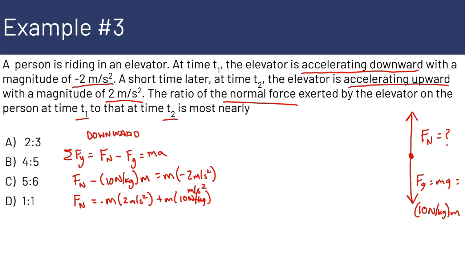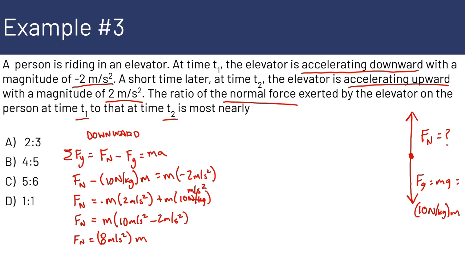So we have Fn is equal to m times, we have 10 meters per second squared minus 2 meters per second squared. So we have Fn is equal to 8 meters per second squared times m.